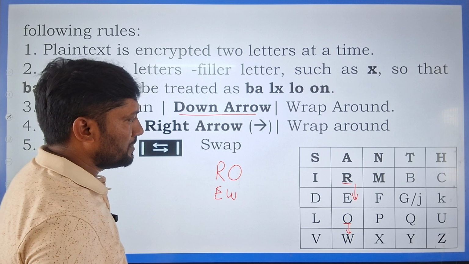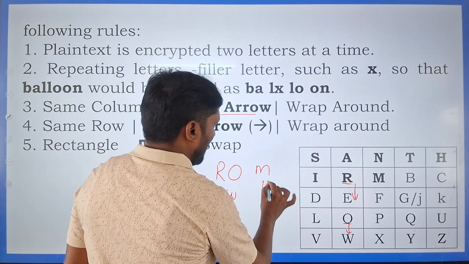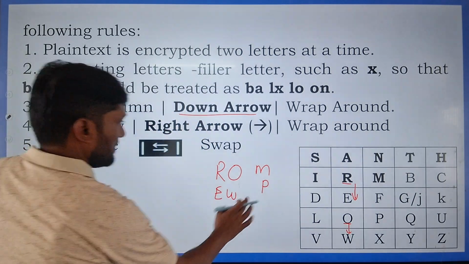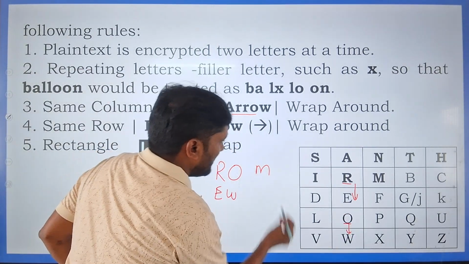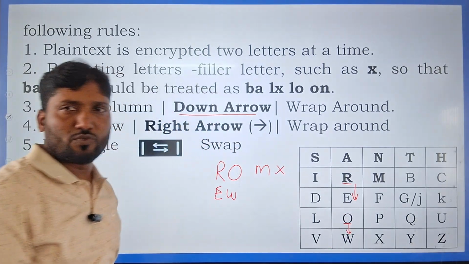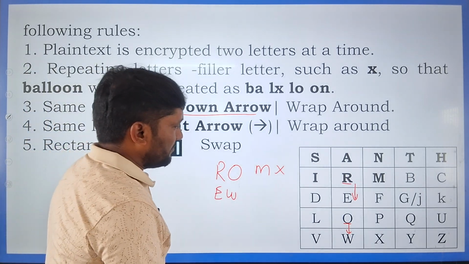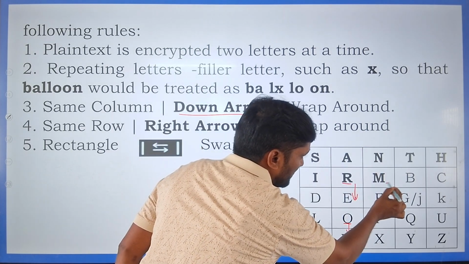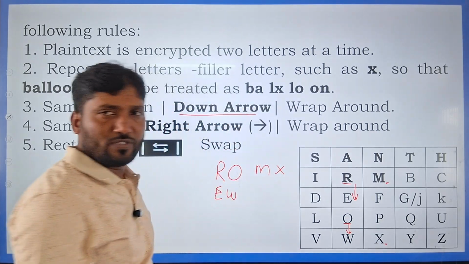Similarly, if we take one more simple example, that is MX. Now, what is the ciphertext for MX? Observe carefully, M and X are in the same column, the third column.